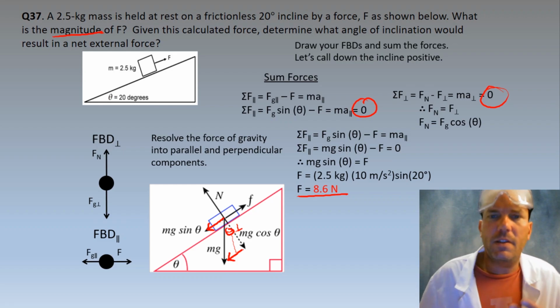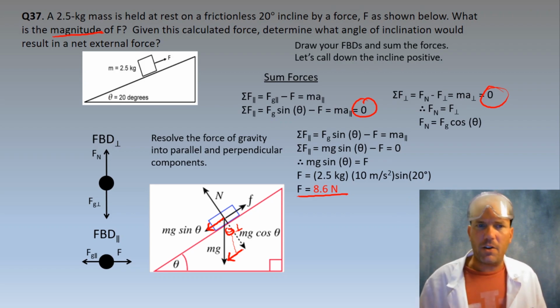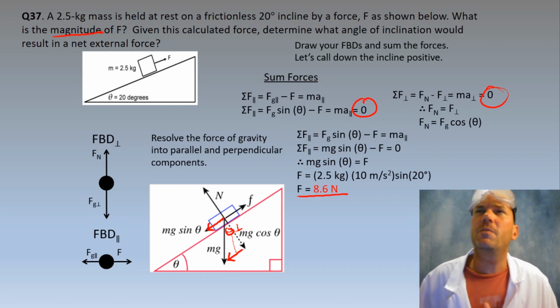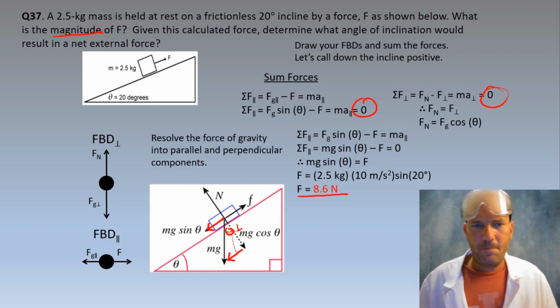Now, the next part of this is saying, so we know the magnitude of the force with this scenario. Given that force, determine the angle of inclination that would result in a net acceleration or net external force of this object down and parallel to the incline.